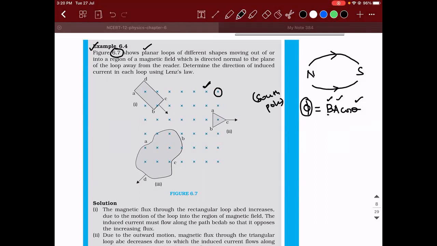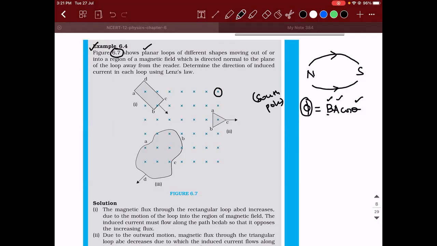So in this context, what I'm trying to say is, in the first one, there is a rectangular loop. So the rectangular loop has an area associated with it, right? Now, as this rectangular loop is entering into the magnetic field, what is changing with respect to time? Flux is changing. No, not flux. The flux is changing due to which parameter?